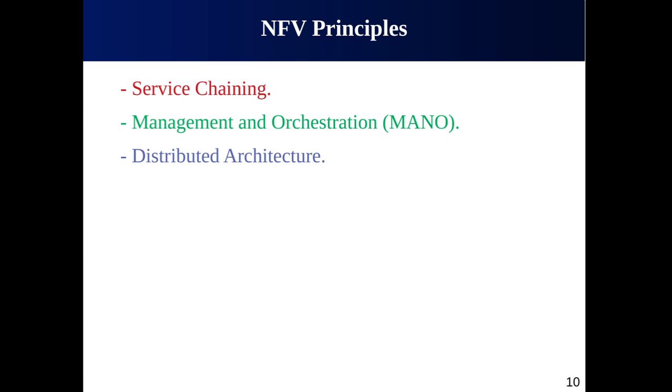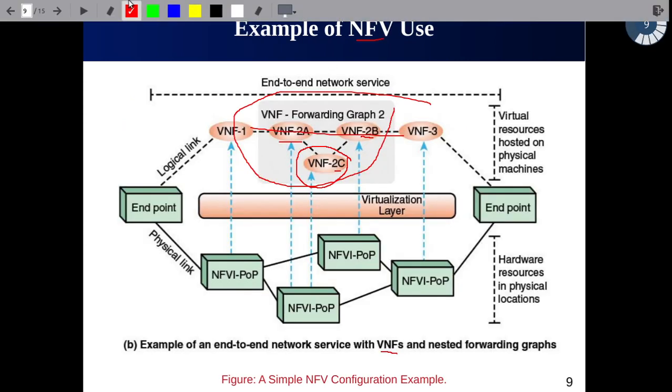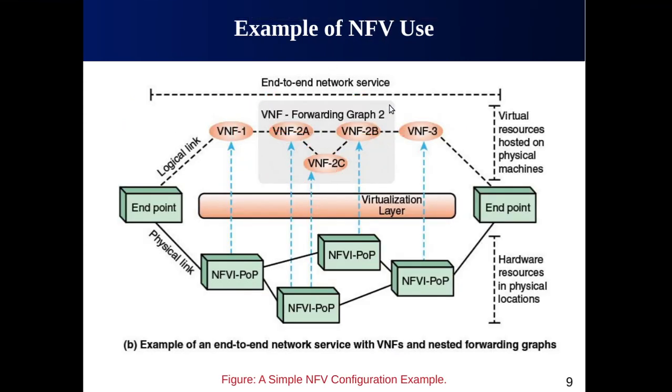The first principle is service chaining, which means that VNFs are modular in the sense that each VNF will provide limited functionalities on its own. As we just saw here, we have applied a modular approach.